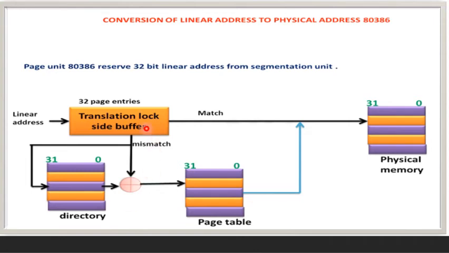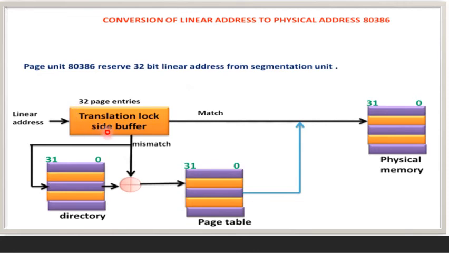Initially, the paging unit gets a 32-bit linear address from the segment unit. Then the upper 20 bits of the linear address, A31 to A12, are compared with the 32-bit entries in the translation look-aside buffer to find if any match exists.